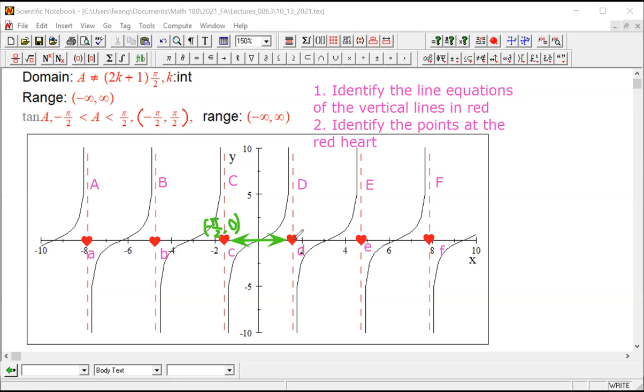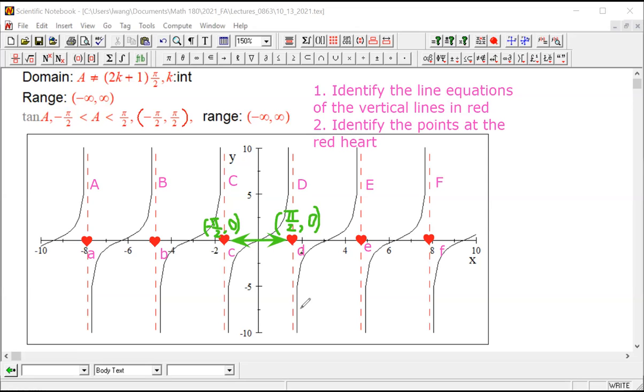And this heart over here is pi over 2, comma, 0, because it sits on the x-axis. Now, let's look at the lines. Did you guys write it down? Let's look at the line.